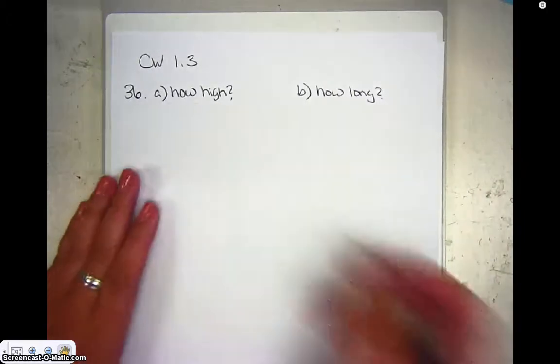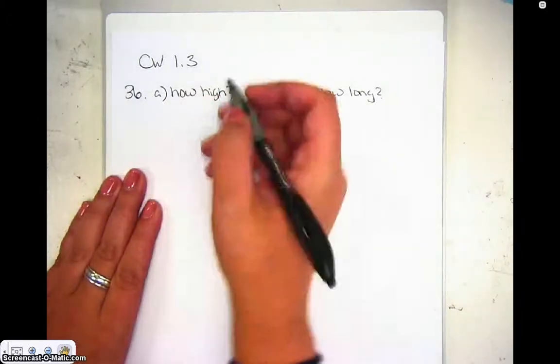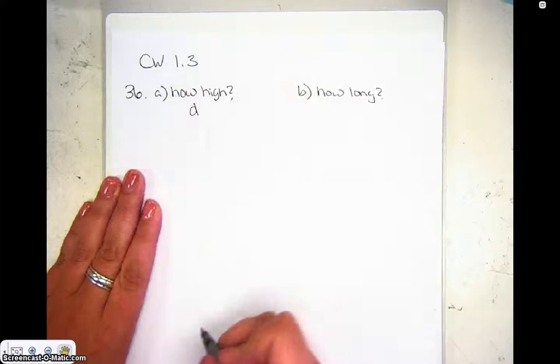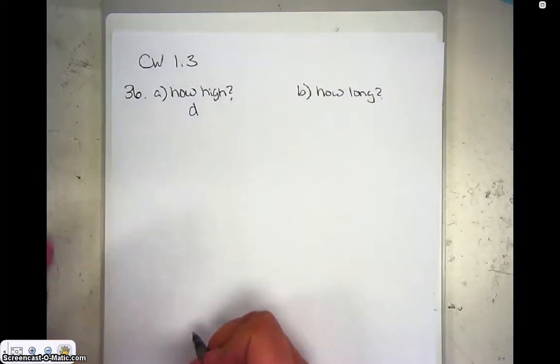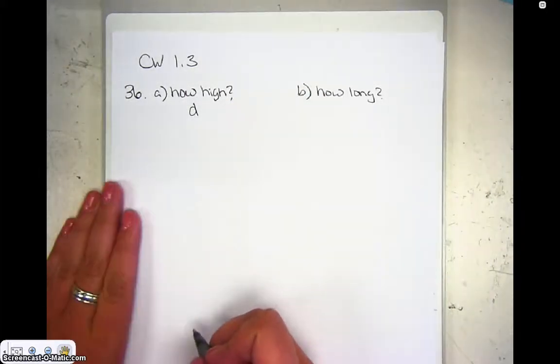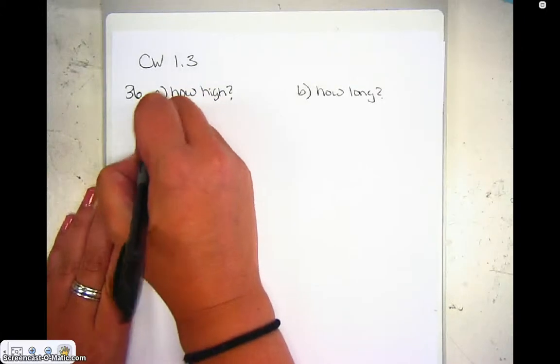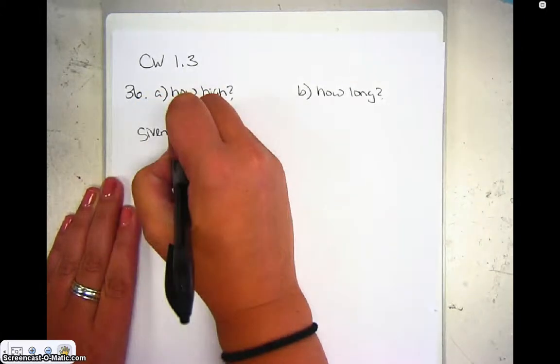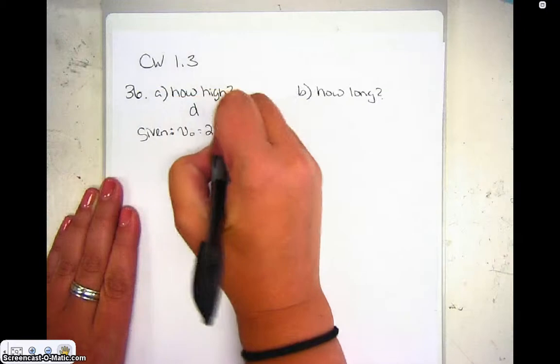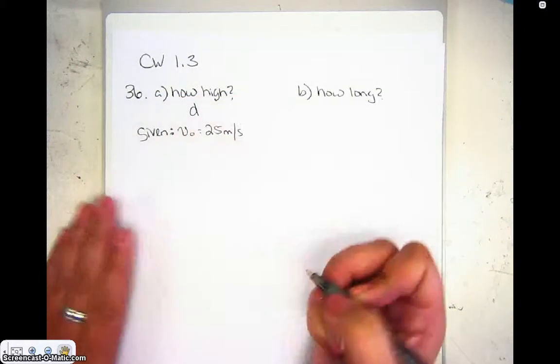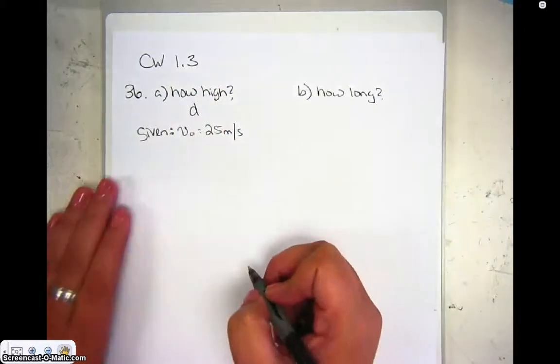So for part A, really what I'm asking is displacement, from the point where you threw it to the point where it ended up. And some of the information that I am given is that my initial velocity is 25 meters per second, and then there's a few assumptions that I'm going to make.